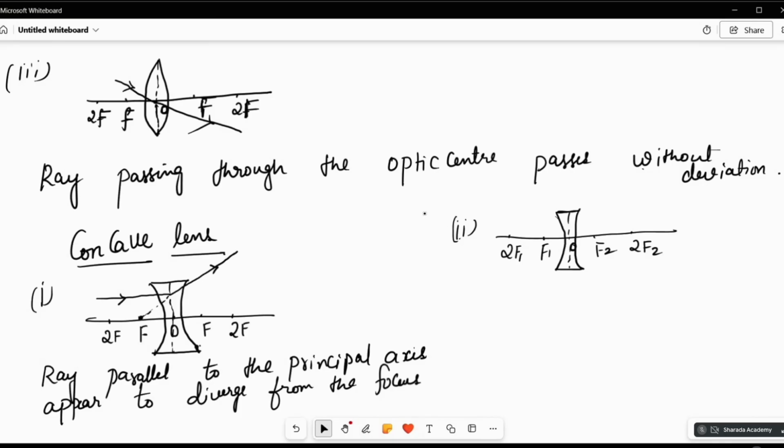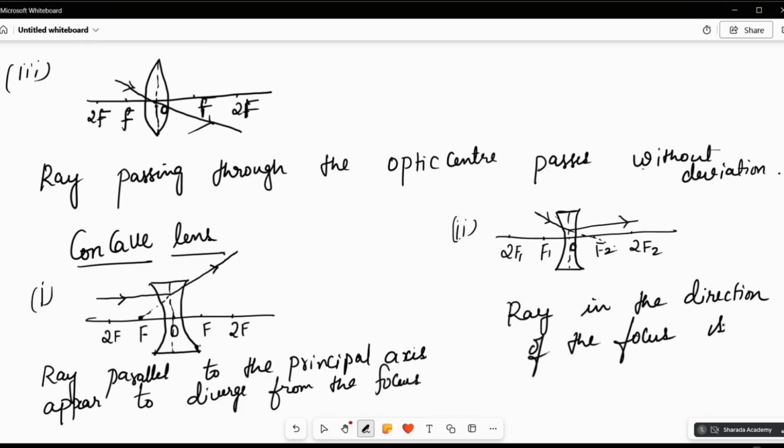Okay, the first one we wrote, parallel. Next, a ray in the direction of the focus will be parallel to the principal axis after refraction. So this is in the direction of this focus, but from here only it will refract.